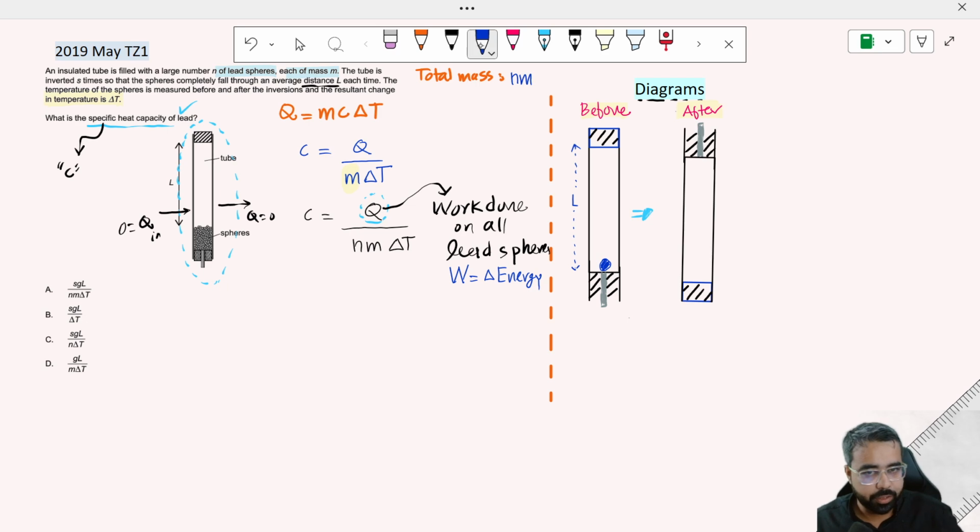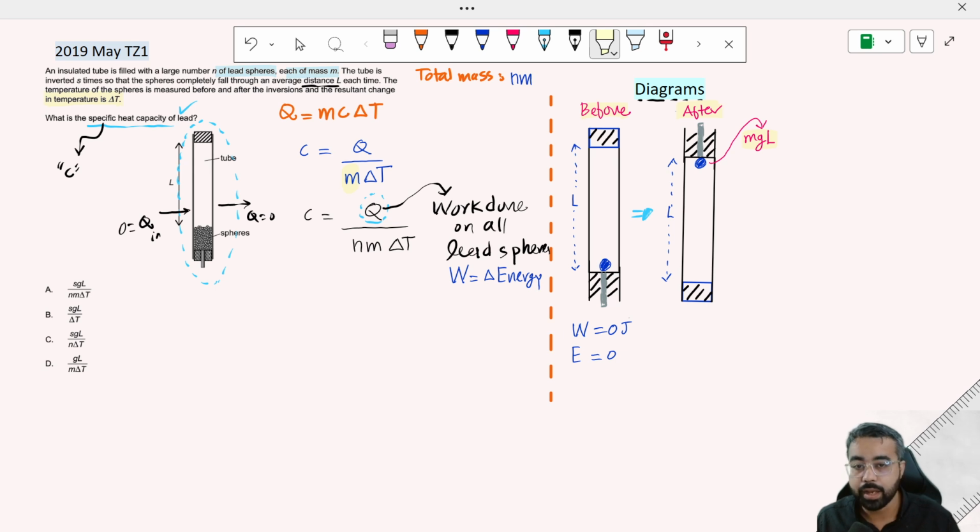Before inverting this, there was no work done, 0 joules. There was no energy of the system for this lead ball. But now when the lead ball has a distance L, don't you think this lead ball must have gravitational potential energy, and that is actually due to the work done, and the same gravitational potential energy will convert into thermal energy.